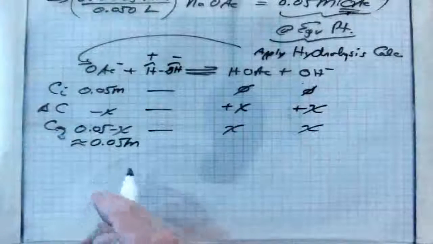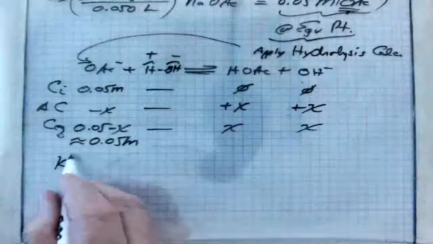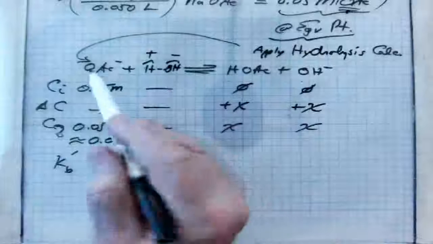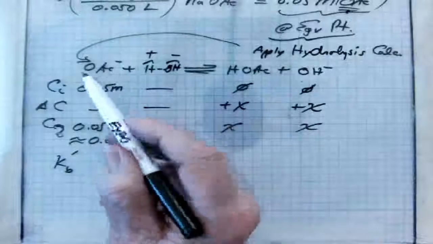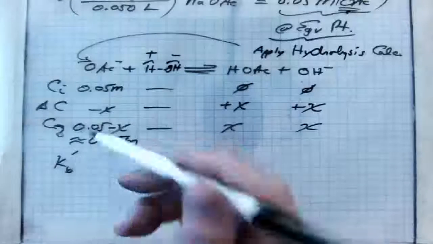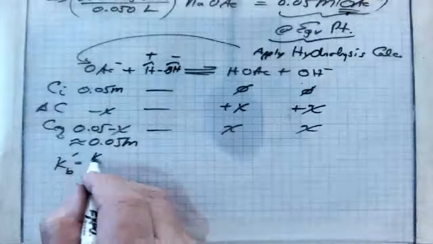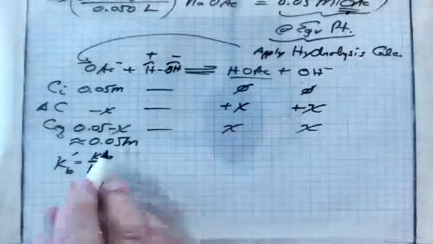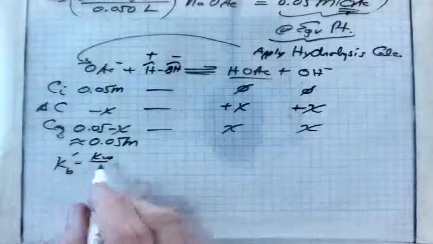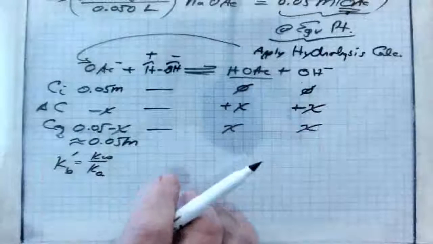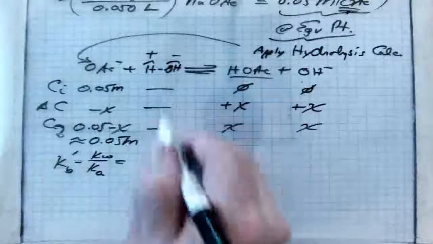Okay, at this point, it's a Kb prime. You recall all conjugate bases are Kb primes. If you were working a cation, it'd be a Ka prime. And the calculation of the Kb prime is Kw over whatever acid is generated, Ka. Kw over the Ka value for that acid. And now that is equal to the products over reactants, ignoring water.